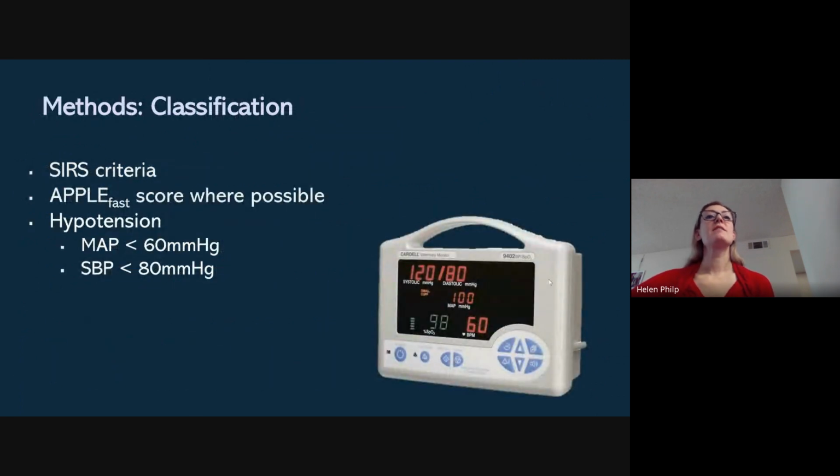And in terms of classification and grading systems, I think we're all familiar with the SIRS criteria, and they used an APPLE-FAST score on patients where possible, and they defined hypotension, whether intraoperative or postoperative.